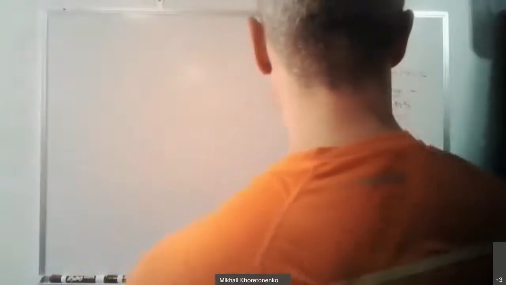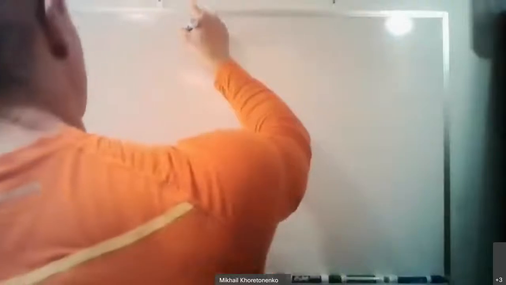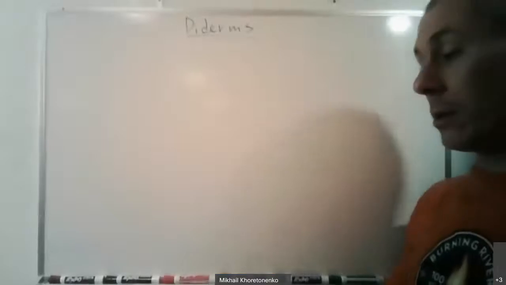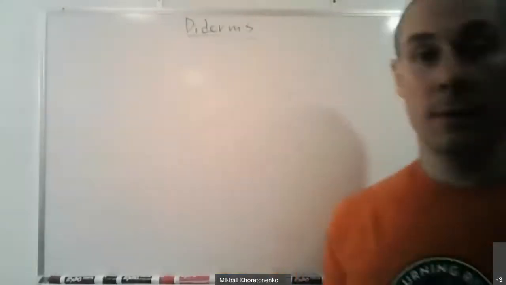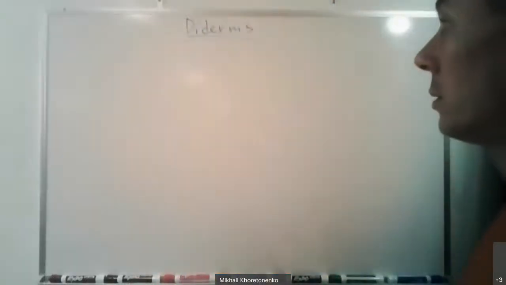So our last group of bacteria that I wanted to talk about are D-Derms. Now, D-Derms are not considered to be either gram-positive or gram-negative. They have their own rule, and they are all spirochetes.